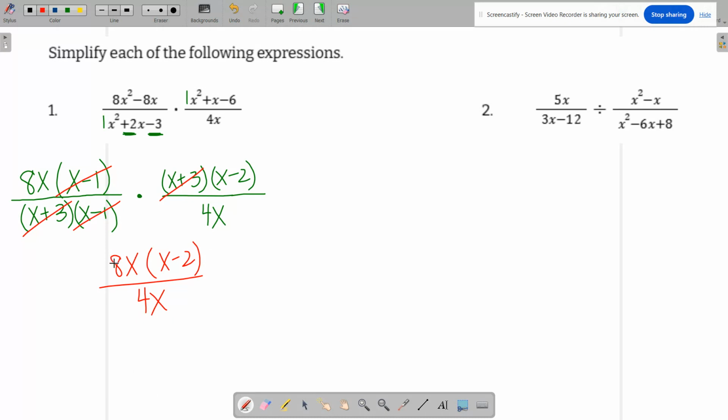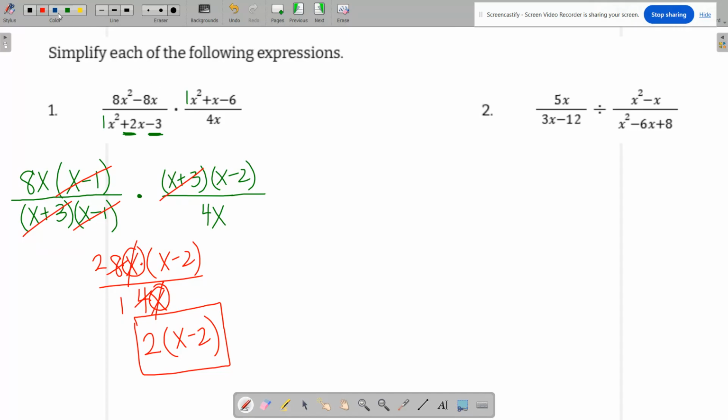This is just like saying 8 times x minus 2 and 4 times x. So this x is a factor of the numerator and the denominator, so those can simplify. And then 8 over 4 can simplify to 2 over 1. So we end up left with 2 times the quantity x minus 2 over 1, which you can write or you don't have to since it's just over 1. So that would be our final answer.